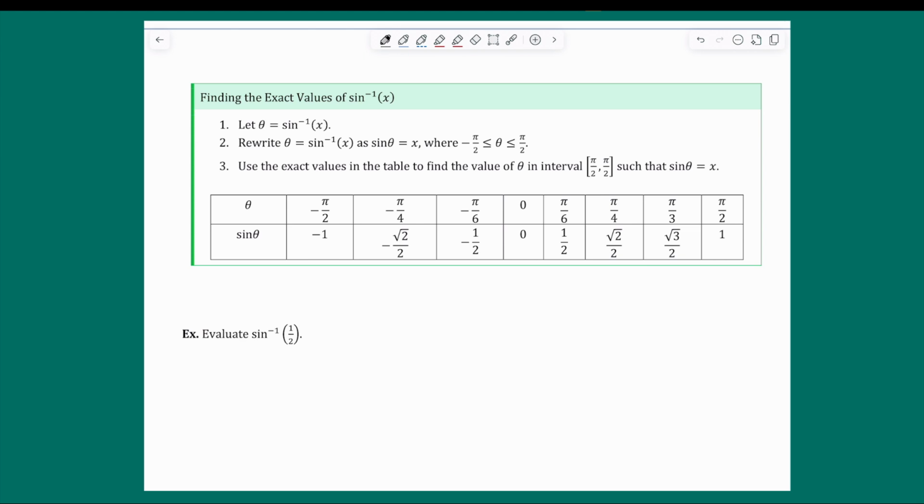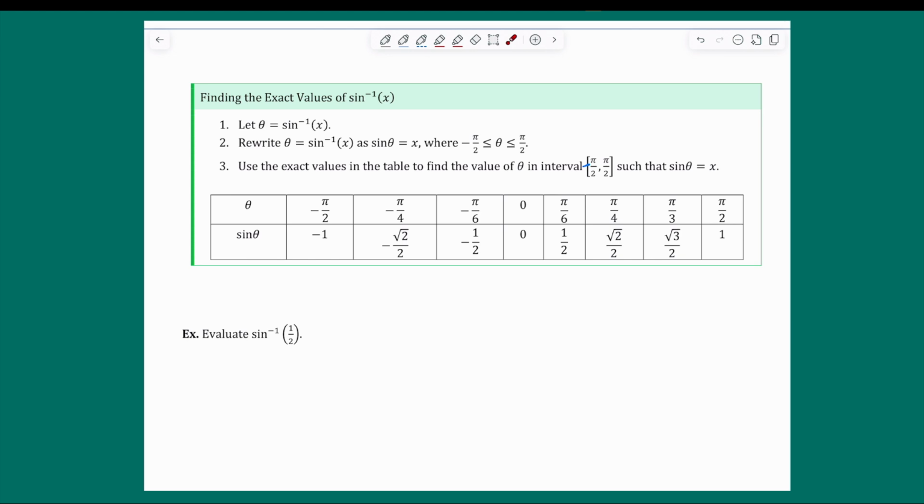Use the exact values in the table to find the value of theta in the interval of negative pi over 2 to pi over 2, such that sine of theta equals x. And so here we have some special common angles, multiples of pi over 6 and pi over 4 here, that fall in the interval from negative pi over 2 to pi over 2.